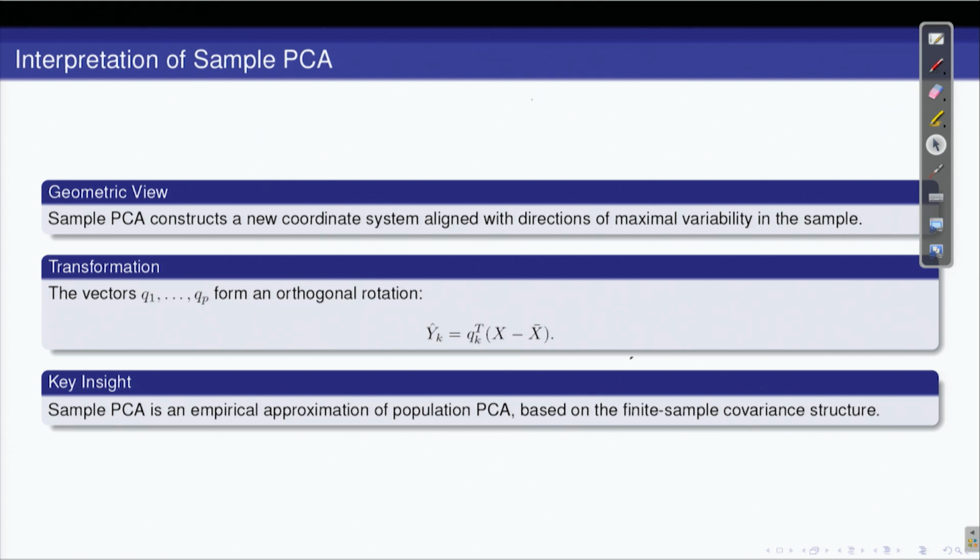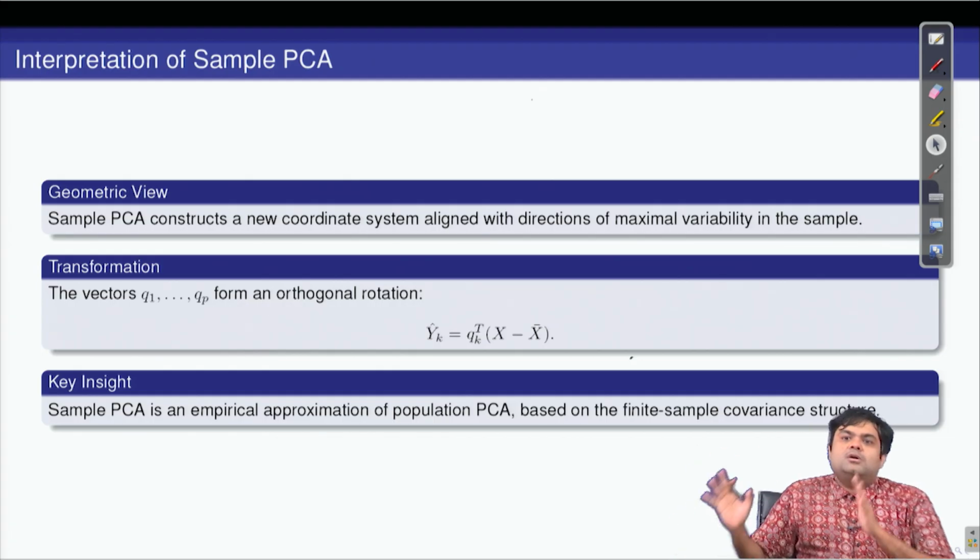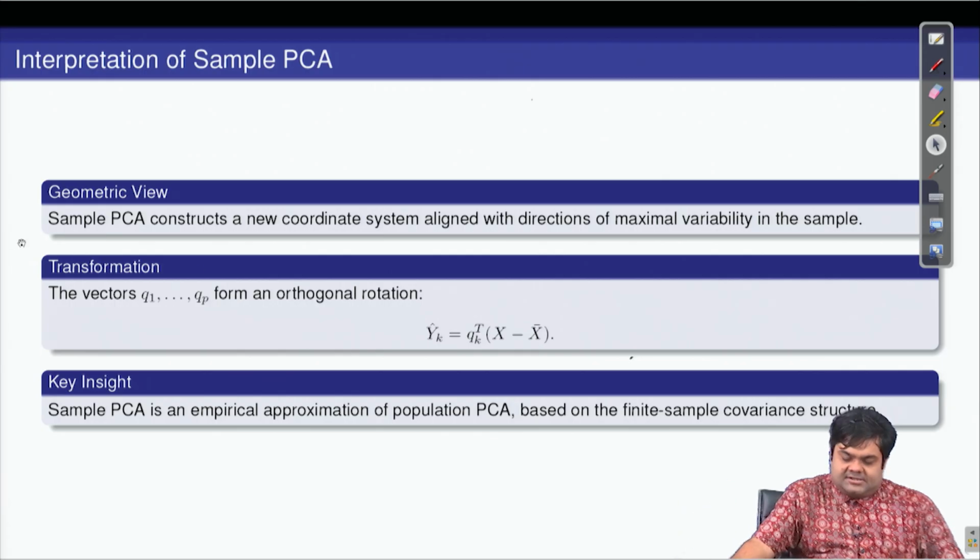In case of PCA, all these are based on the sample variance covariance structure, and we start with the unbiased one, not the maximum likelihood one. We start with the unbiased sample variance covariance matrix.